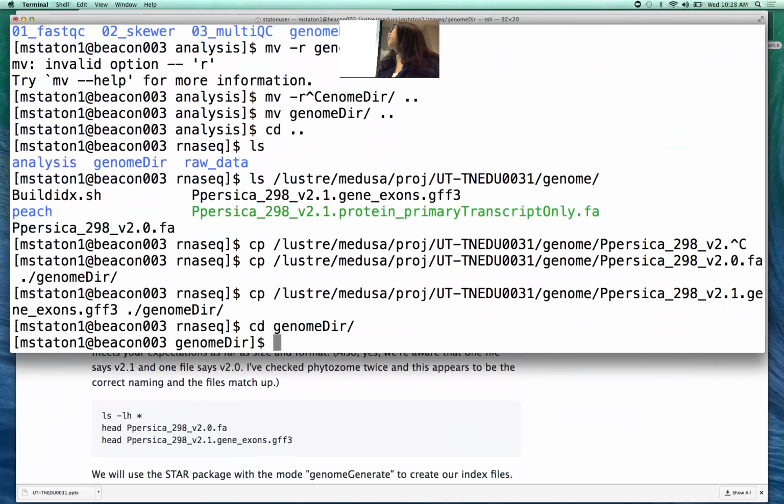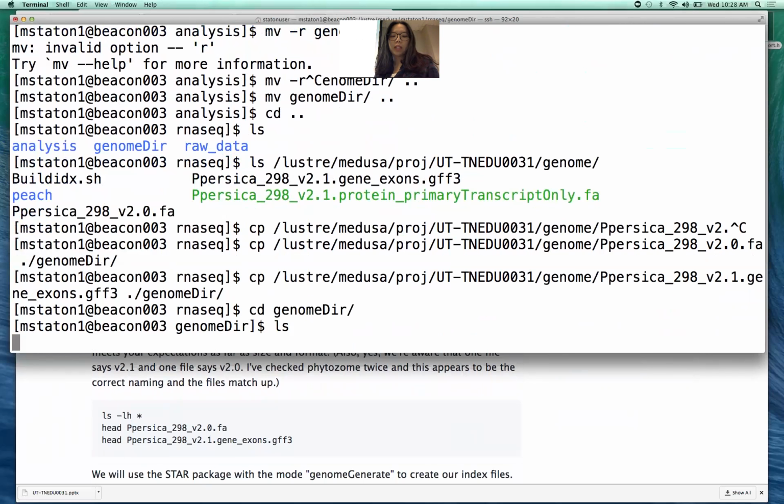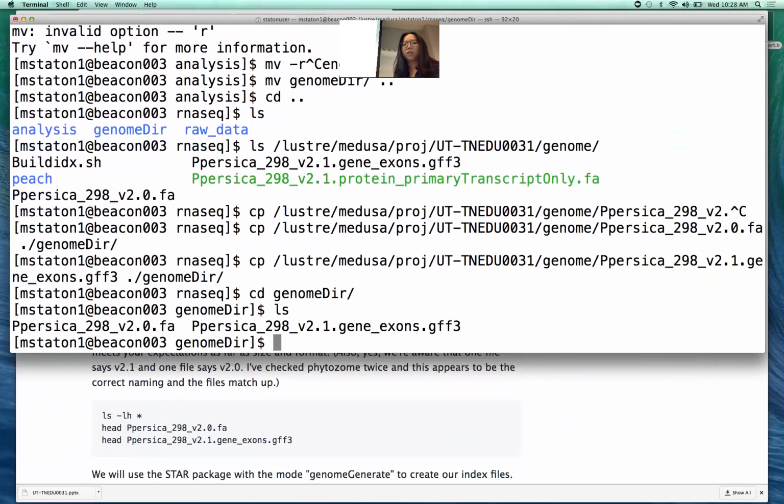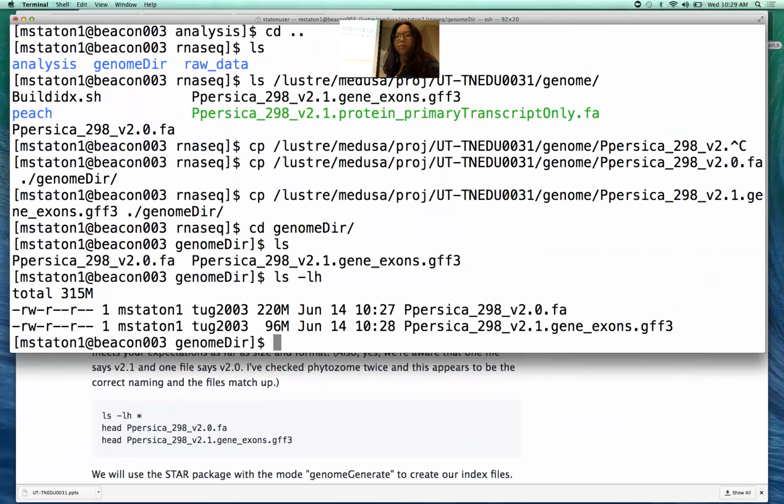Right now, if you go into your genome directory, you will see our two files. You can also take a look at their size. One is 220 meg, one is 96. If you'd like to see what GFF looks like, you can head the GFF.